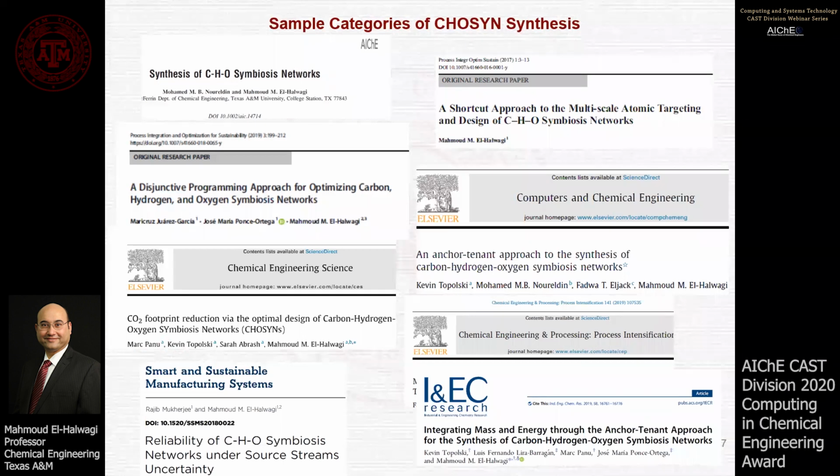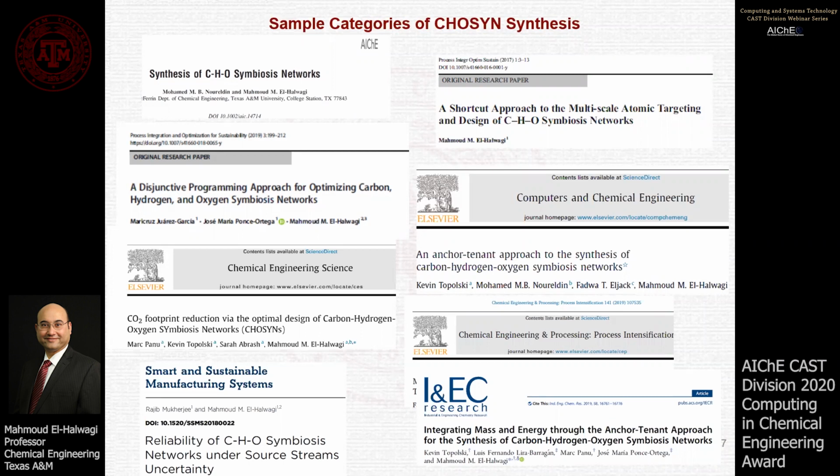We can also look at the problem of dealing with uncertainty and reliability of the streams. If multiple companies cooperate together, then there must be some assurances of the reliability of the feedstocks, quality and quantity.